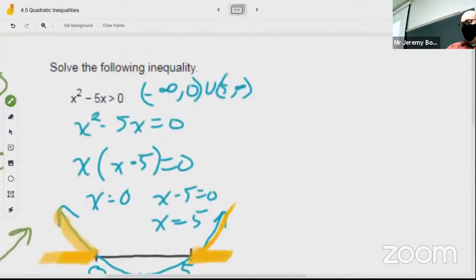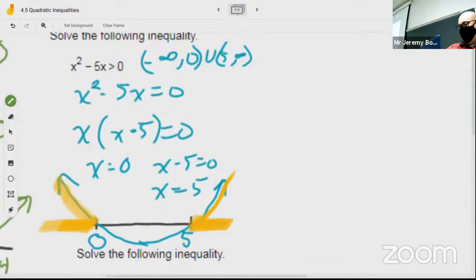So if this was greater than or equal to, then you would include the 5, because when it's 5 it is actually equal to 0. When it's 0 it is actually equal to 0. But we only want to know where it is greater than 0. So where is it above the x-axis? Whereas if I do it with include, that is where it is 0. That's where it's on the axis. Got it? Cool deal.